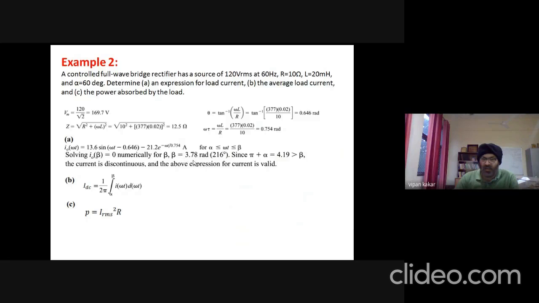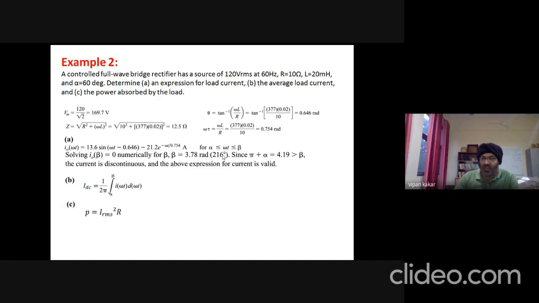So beta is calculated using this expression, as we saw in half-wave rectifier's case, which comes up to be 216 degrees. So in this case, pi plus alpha, what was alpha? 60 degrees. Pi is 180. So 180 plus 60 is 240. In that case, we can see that pi plus alpha is larger compared to beta.